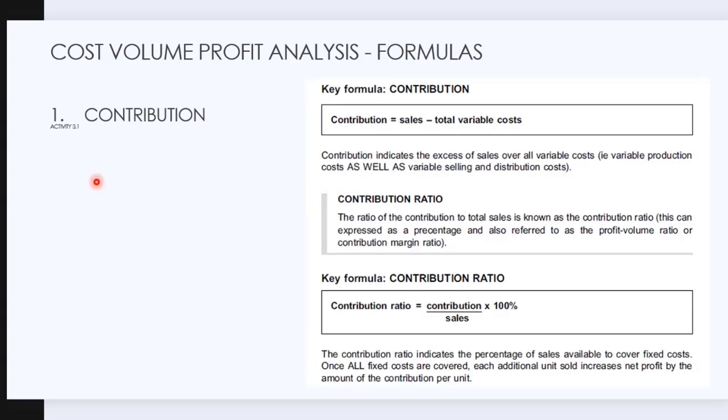So contribution, nice one to think of. The formula is sales minus variable cost. And these variable costs are total variable costs. Very, very important that you are aware of that, that it is total.